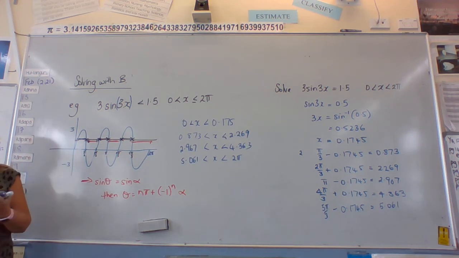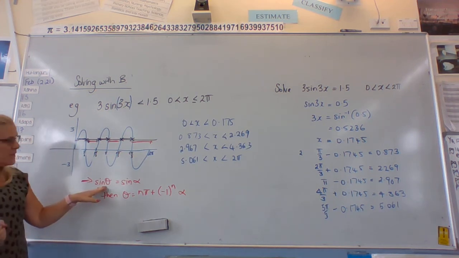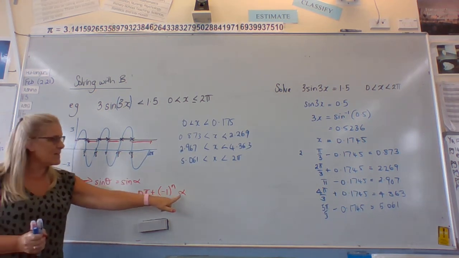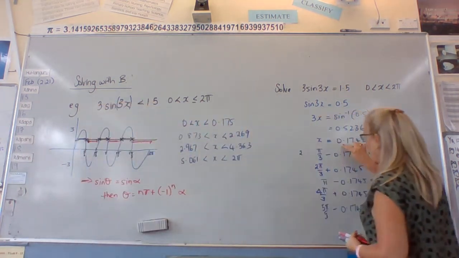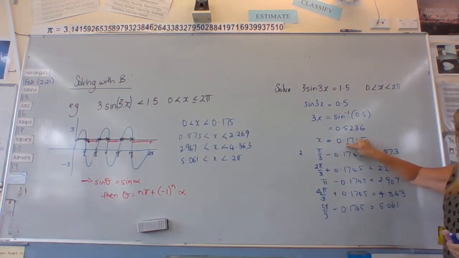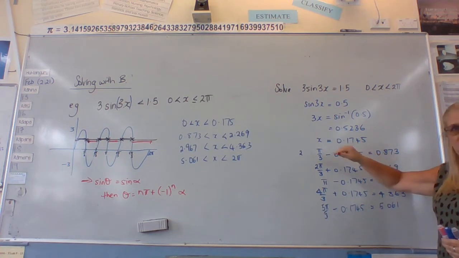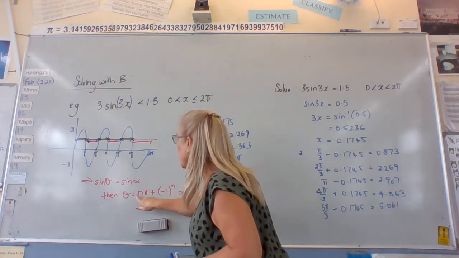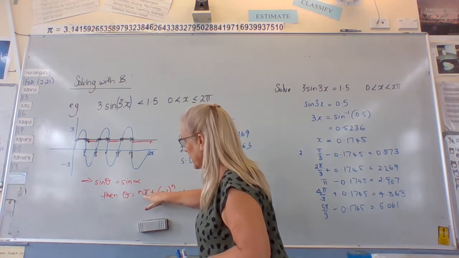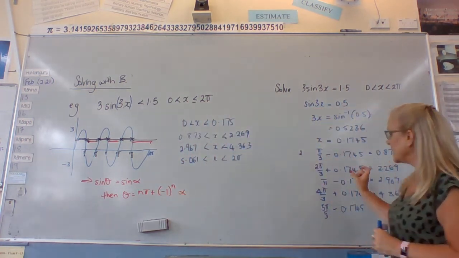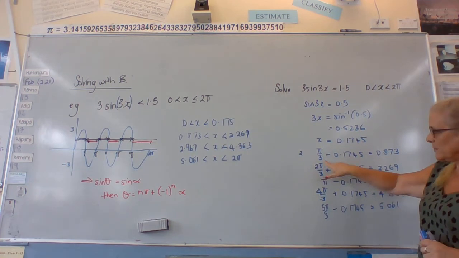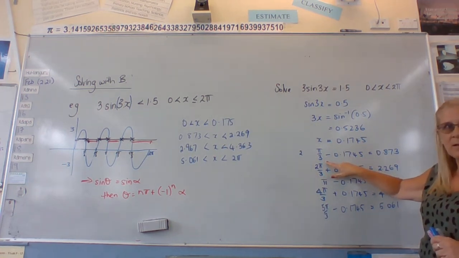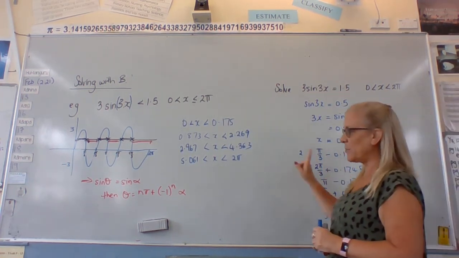Now what does that mean? It says that if you've solved it and you found out that your answer is alpha, so alpha being the first answer that you get, alpha, beta, gamma, delta, right? So alpha being your first answer you get, then every interval of π, so our interval of π was π/3, okay, that was our interval of π.